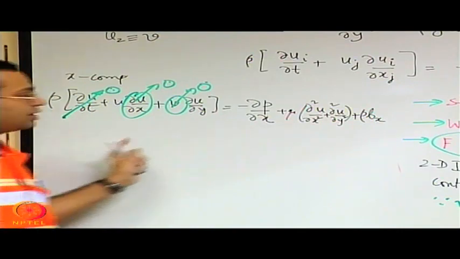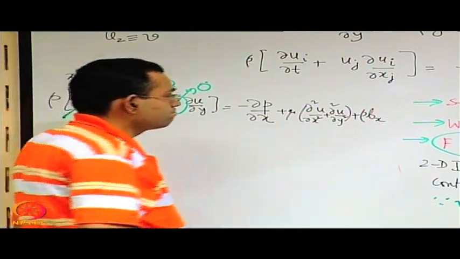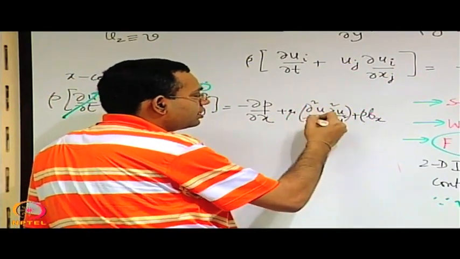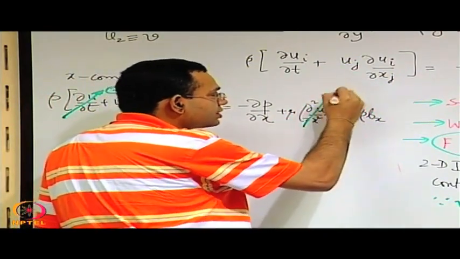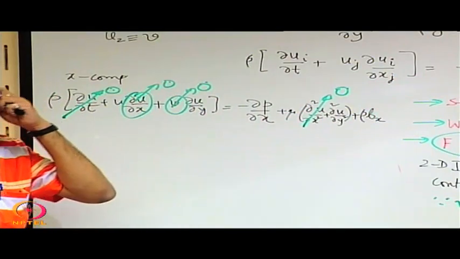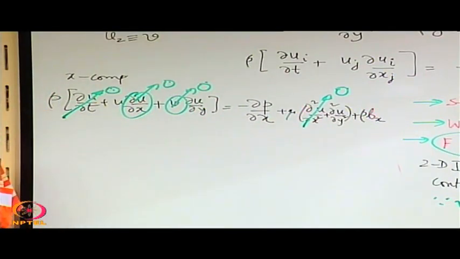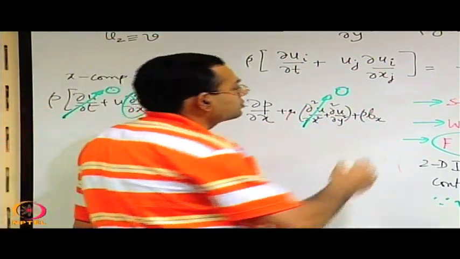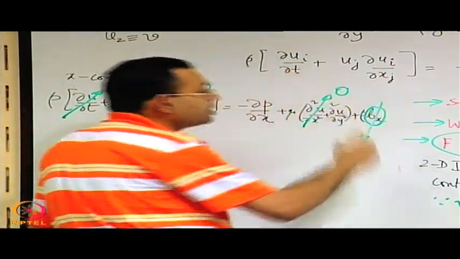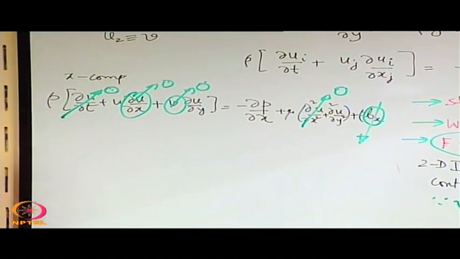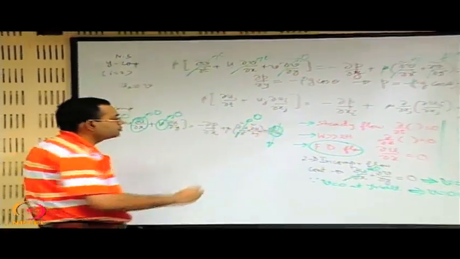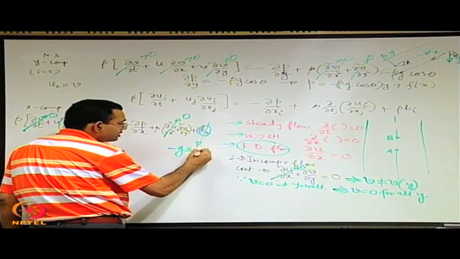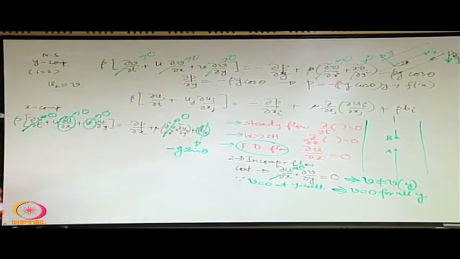Okay. Now come to the right hand side. Because u is not a function of x, its first order derivative with respect to x is 0, and therefore the second order derivative is also 0. And what is the body force? Just look into the figure and say what should be the body force along x. For bx we will substitute minus g sin theta, right.